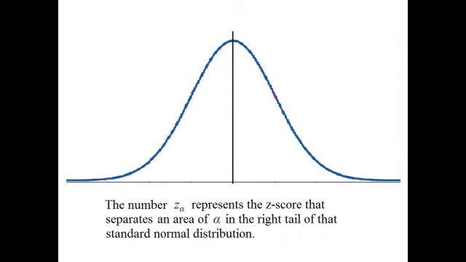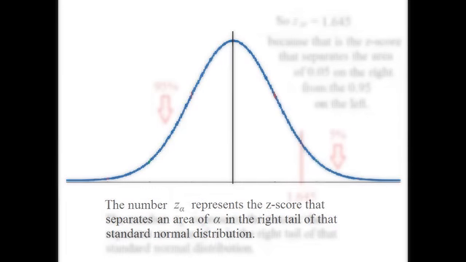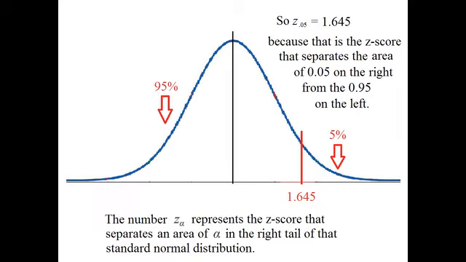The number Z with a subscript of alpha represents the Z-score that separates an area of alpha in the right tail of a standard normal distribution. So if alpha equals 0.05, that means we have 0.95 of the graph, or 95% of the graph to the left, and a proportion of 0.05, or 5%, on the right.